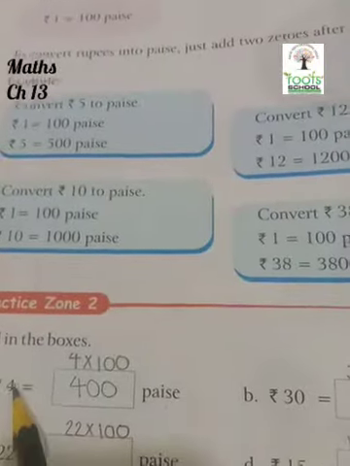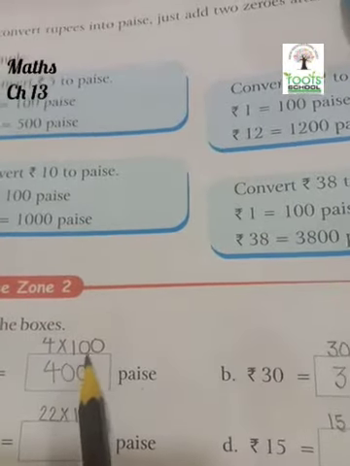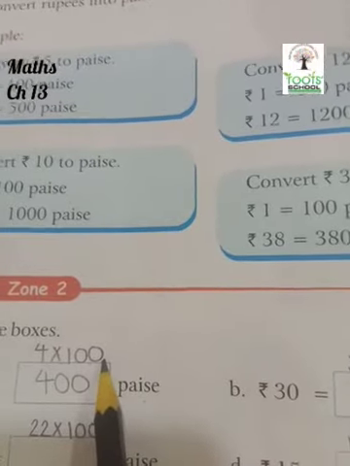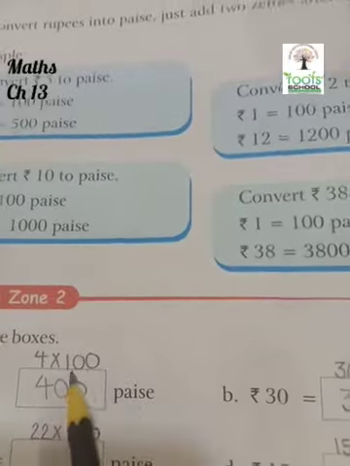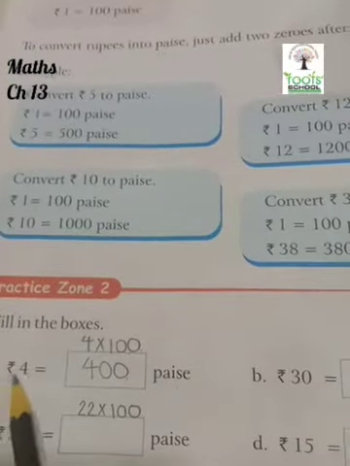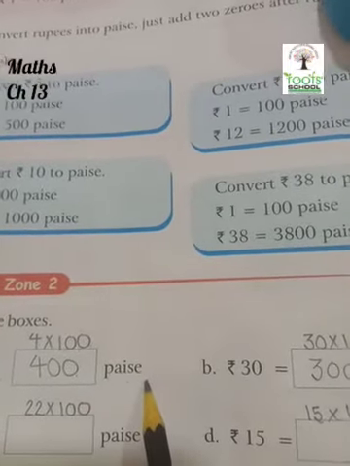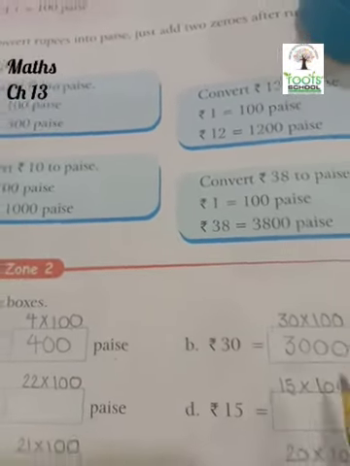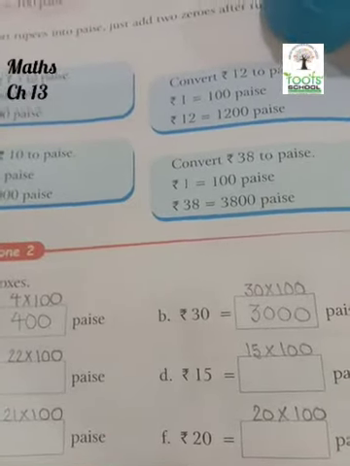So, for converting 4 rupees into paise, we have to multiply it by 100. So, 4 ones are 4 and you will put 2 zeros. So, rupee 4 is equal to 400 paise. In the same way, you will be doing all the other parts, children.